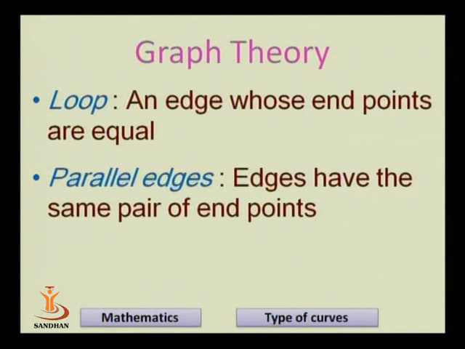Now, in a graph, a self loop or loop is an edge whose end vertices are equal. Also, we define parallel edges. Parallel edges have the same pair of end vertices.